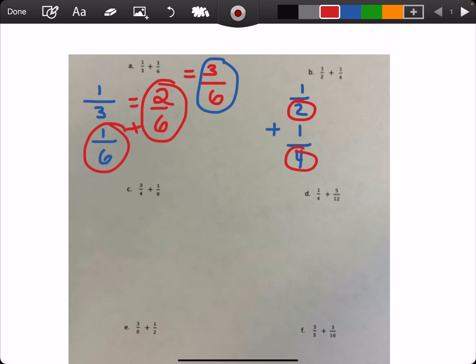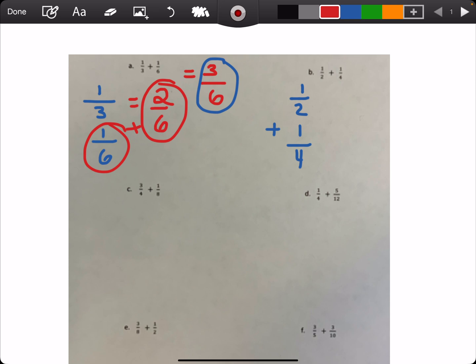I could multiply them together and get 8. 8 is a common denominator, but it's not the least common denominator. So if I count by 2s and I count by 4s, I want to see when I get the least common multiple. That's going to be my denominator.